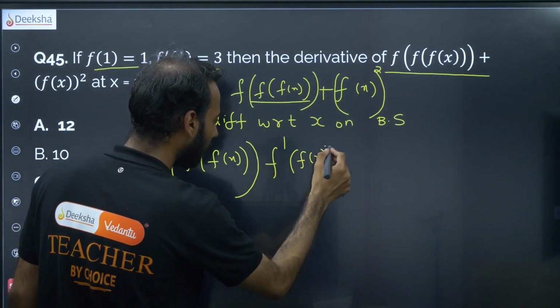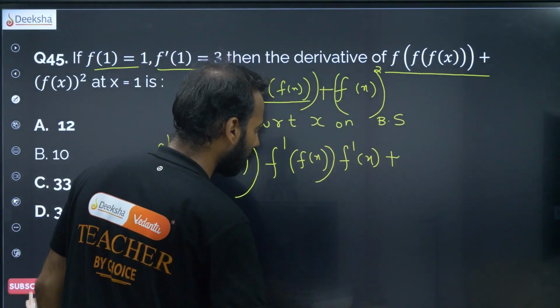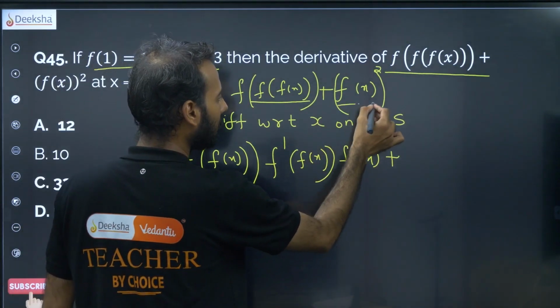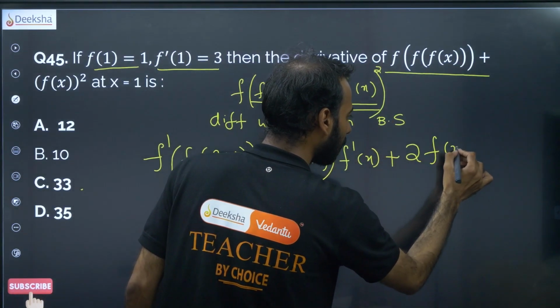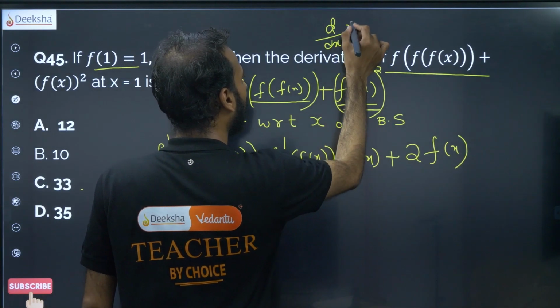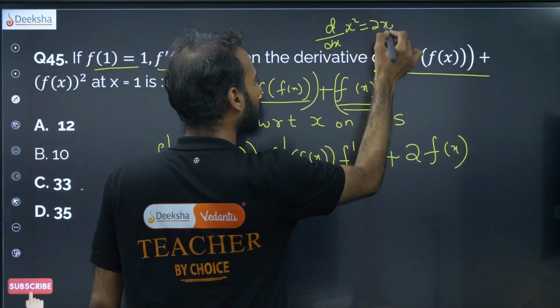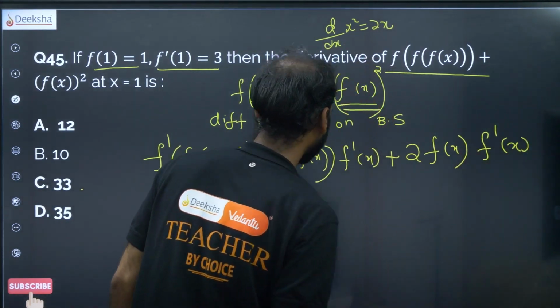Now this inside function is differentiated, f dash of x plus, if I differentiate this square function, d by dx of x square is 2x. So this is this. Next, f dash of x.